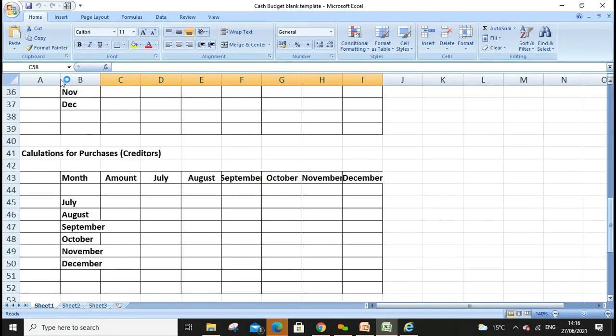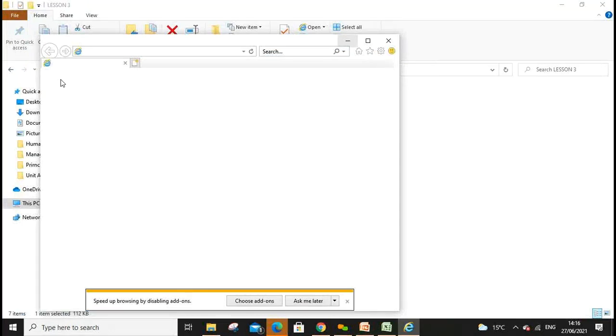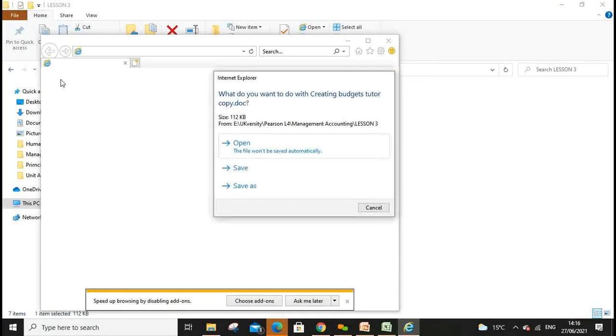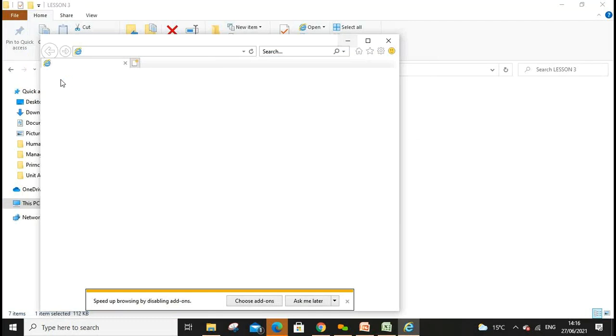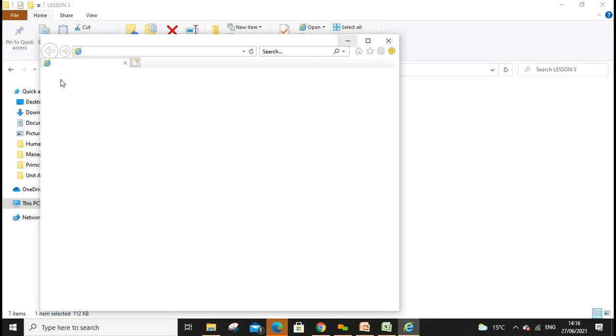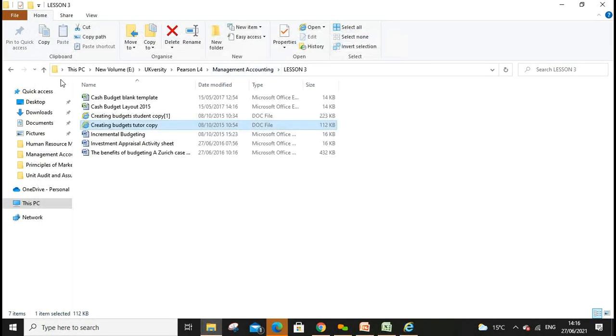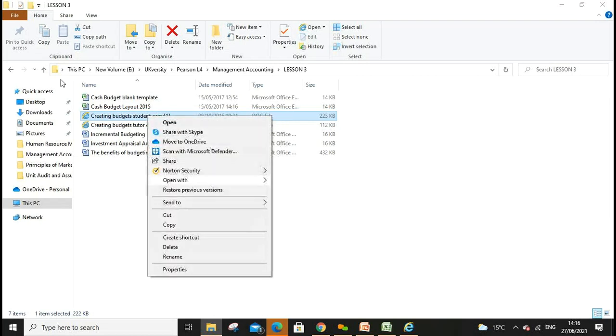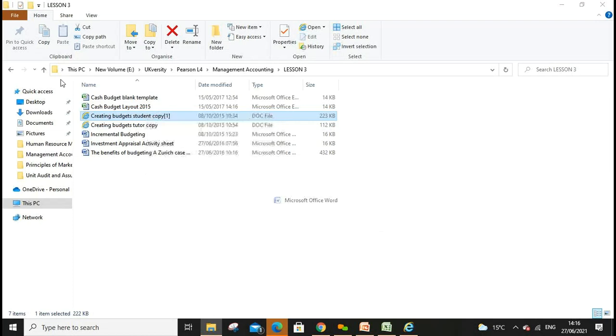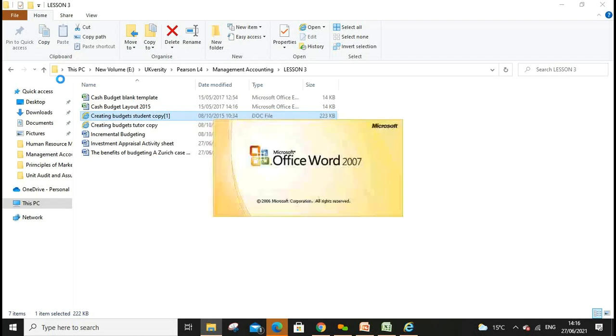Here we've been given the template, we are looking to prepare the budget, and in the question we've been given, we are looking at the sales forecast, the sales budget. That's why it's not opening. Okay, so I'll open this, and the budget has all been prepared.